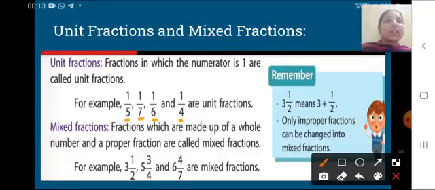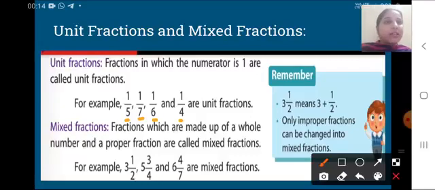Then mixed fractions. Now what is a mixed fraction? Fractions which are made up of a whole number and a proper fraction are called mixed fractions. Here you can see 3 whole 1 upon 2. We will read it as 3 whole 1 upon 2.